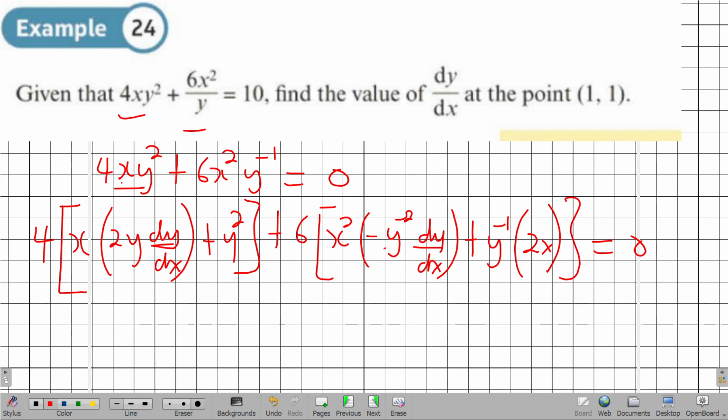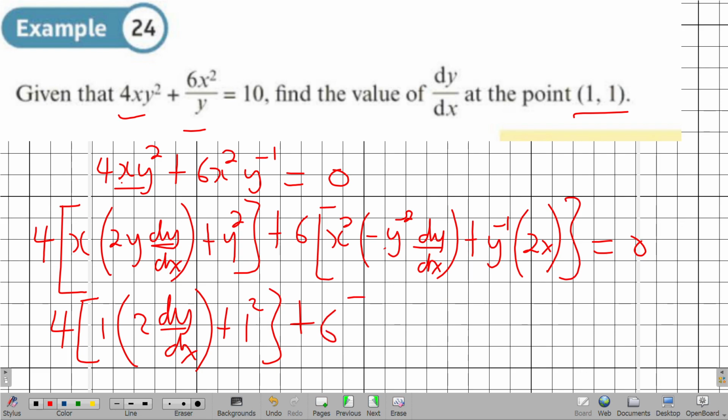But because we are given numbers that we need to substitute, we can just place them in here. x is 1, y is 1, that's 2 dy over dx plus 1 squared plus 6, that's 1 here, you can put 1 squared minus 1 to the power of minus 2 dy over dx, plus 1 to the power of minus 1 times 2, is equal to 0.